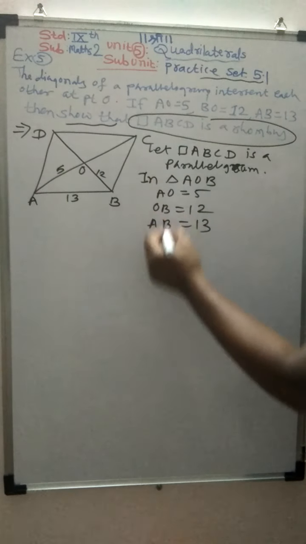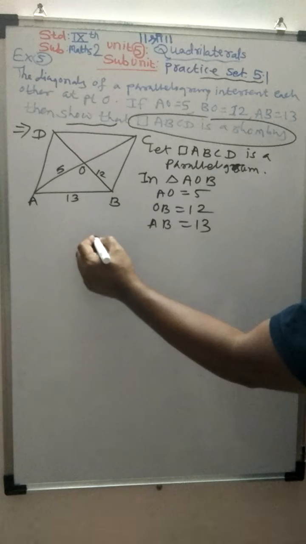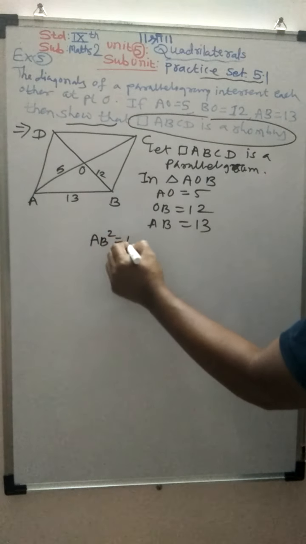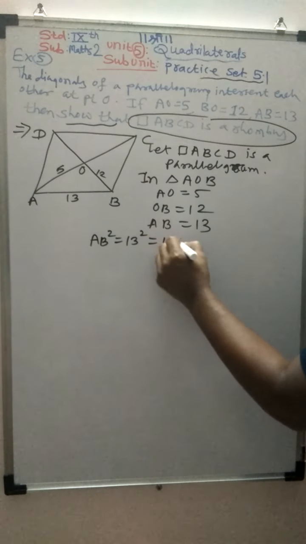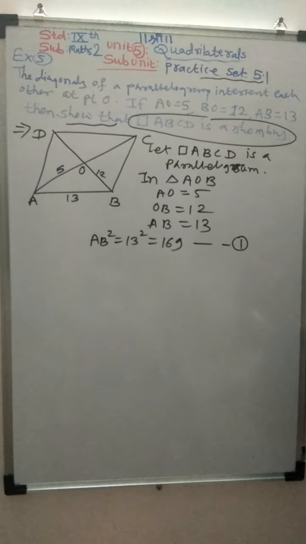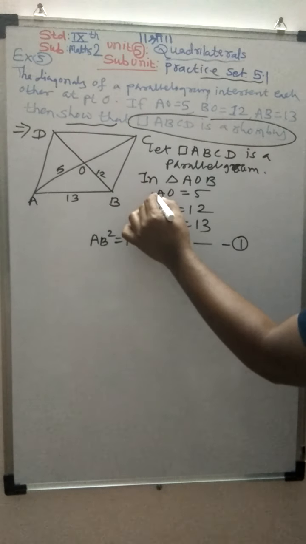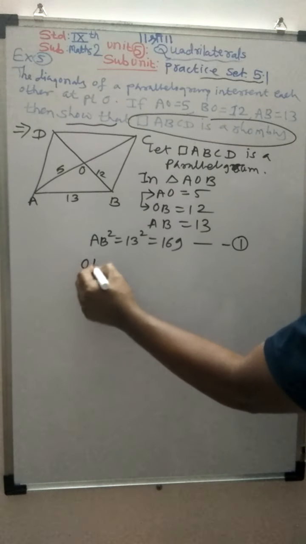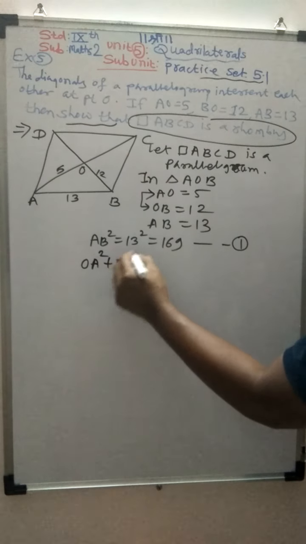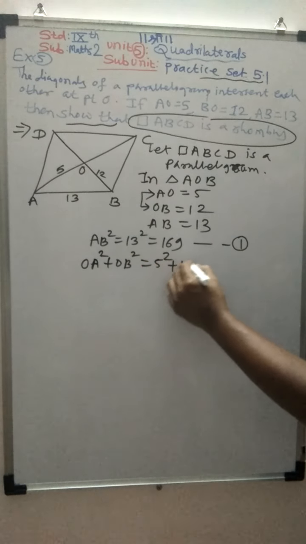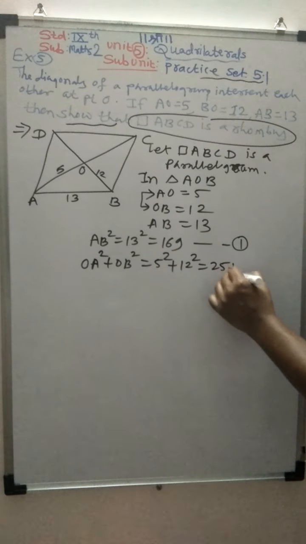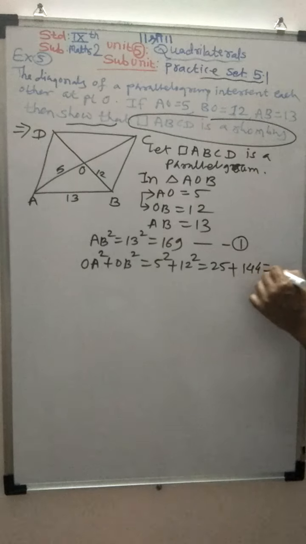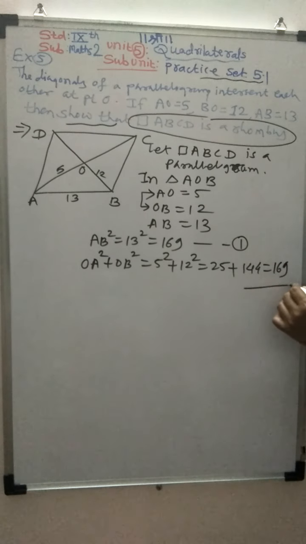Now we square all these sides. AB square is 13 square, equal to 169. And squaring and adding OA and OB, we get OA square plus OB square is equal to 5 square plus 12 square, means 25 plus 144 gives 169.